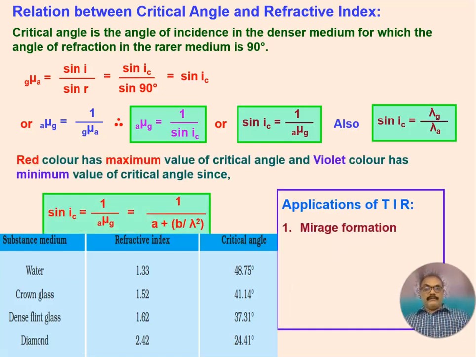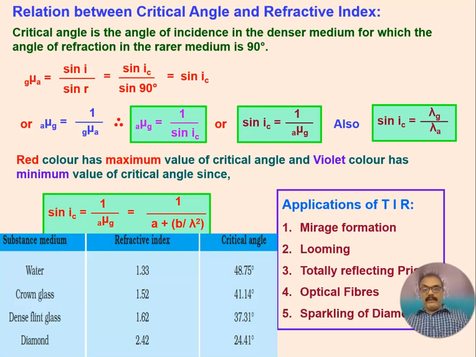So other things, applications: mirage, which I told you in the previous diagram. Second, looming, that a sea, a fish, a ship can be seen after crossing the curved surface. And then totally reflecting prisms, that also I told you, optical fiber, then sparkling of diamond. Just now I told you, because of total internal reflection.